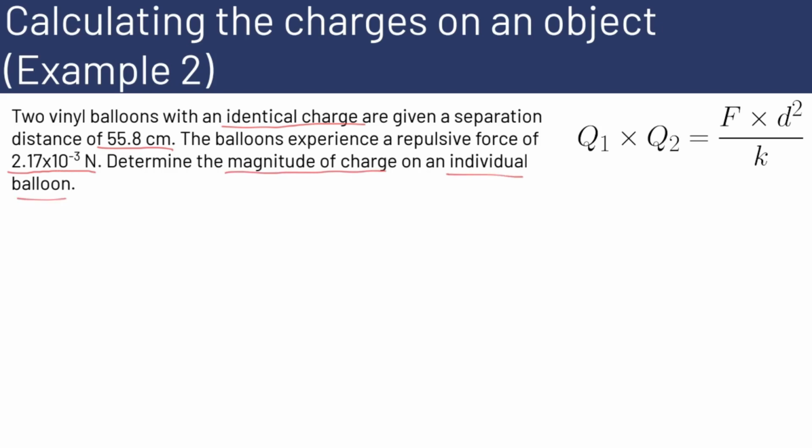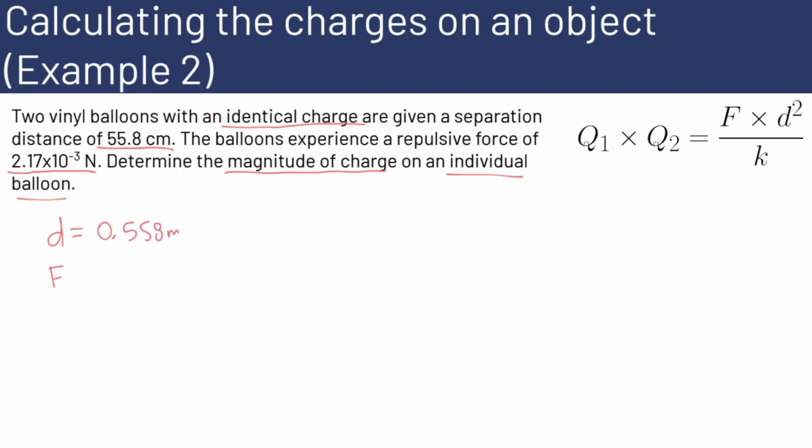Okay, so our distance is 55.8 centimeters, so we want to put that into meters, so we're going to divide by 100. So we move the decimal place over 2 to the left, so that's 0.558 meters.